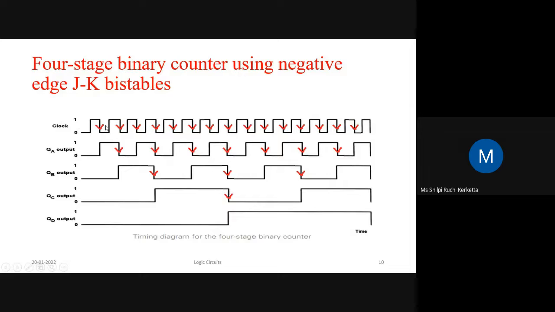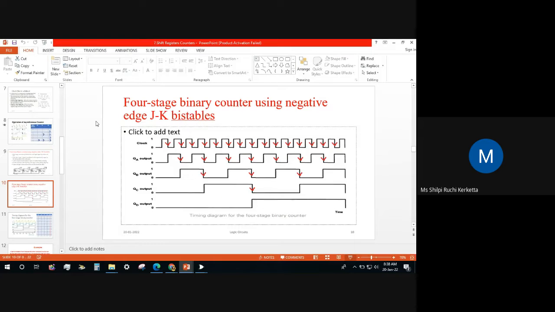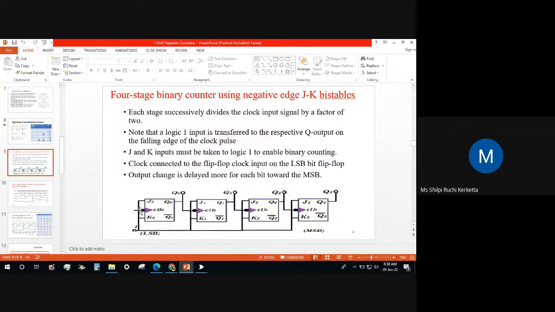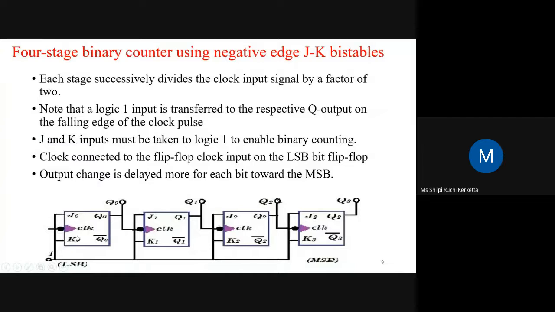We saw now whenever we are giving a 1, it is changing from 0 to 1. Here for this we are giving a clock, but for the second one we have to delay it by one factor.